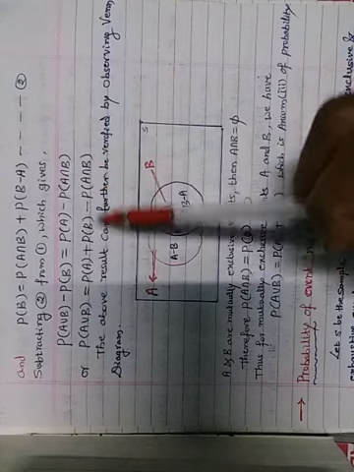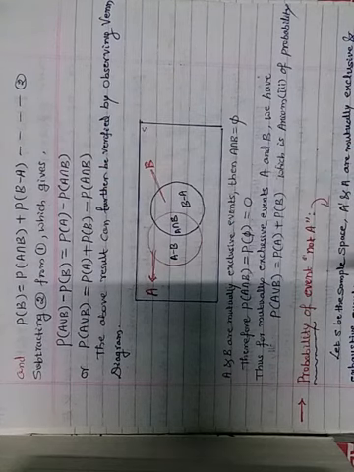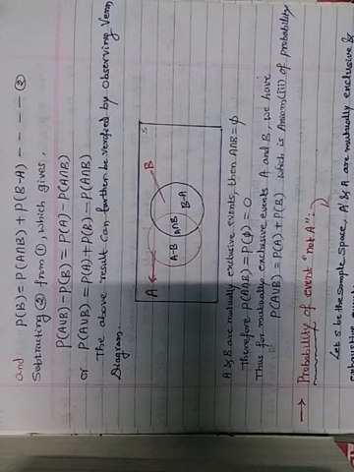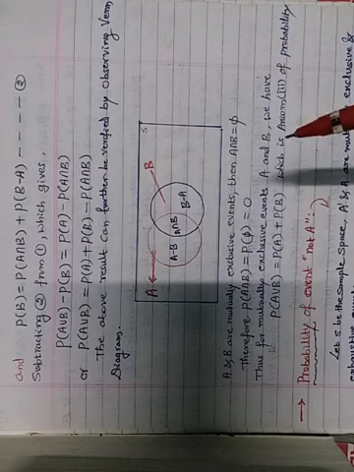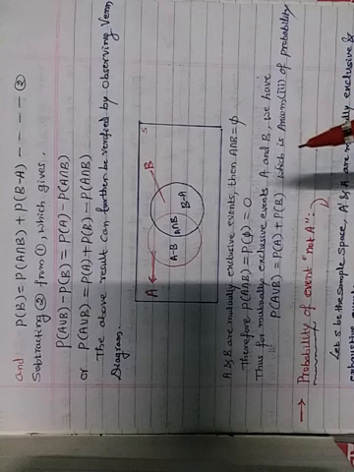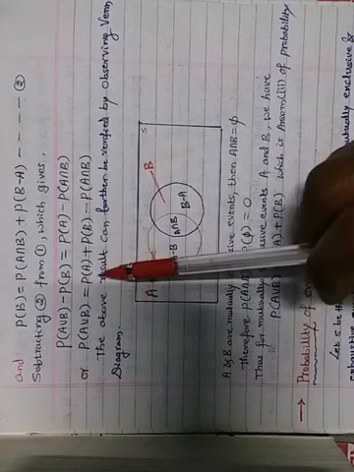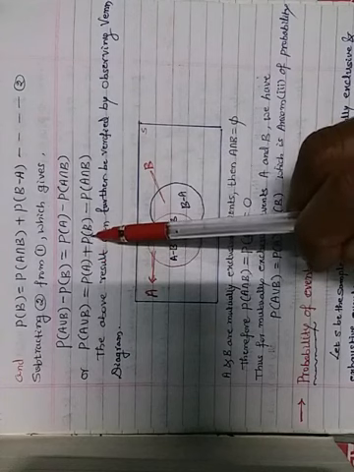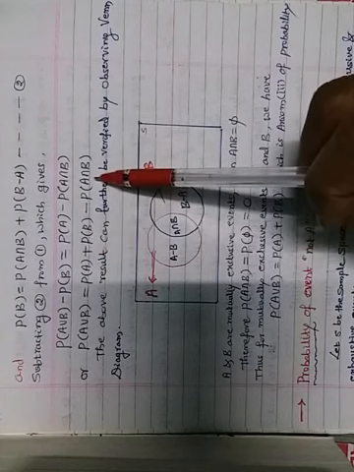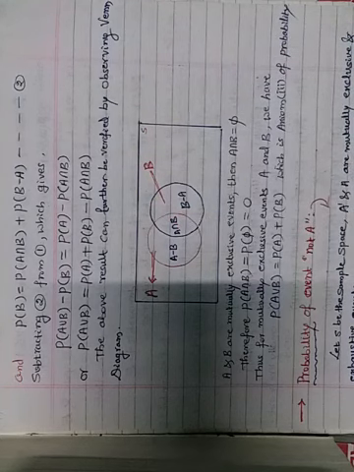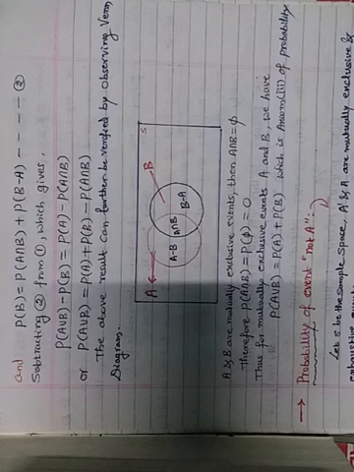I recall your memory in the set chapter, the Venn diagram formula, N of A union B equals N of A plus N of B minus N of A intersection B. Comparing the formula here with the probability of the set A union B, which gives probability of A plus probability of B minus probability of A intersection B. The above result can further be verified by observing the Venn diagram.